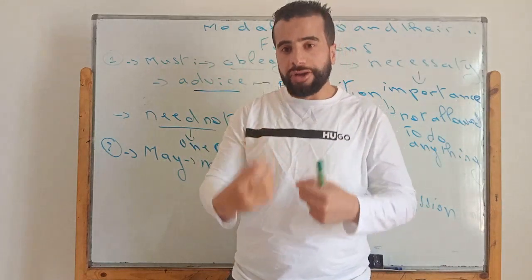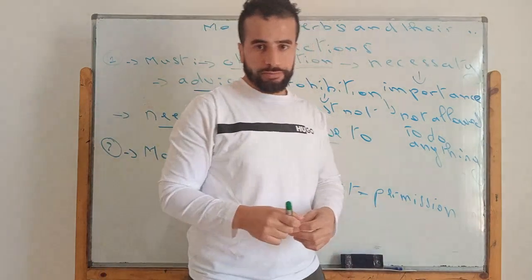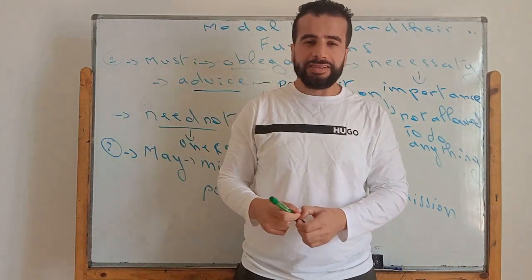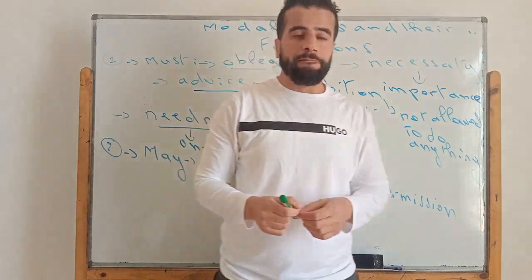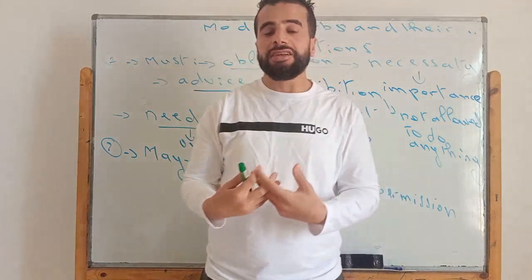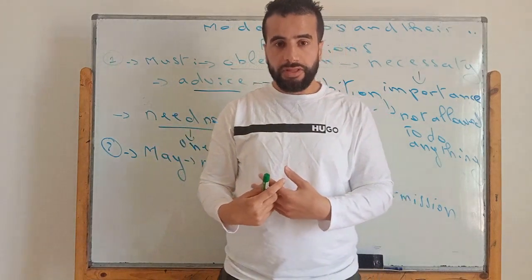So this is, you are requesting. Clear? The second one, permission. May I leave, please? May I listen to you? So this is a permission, right? And you are asking for permission from him.